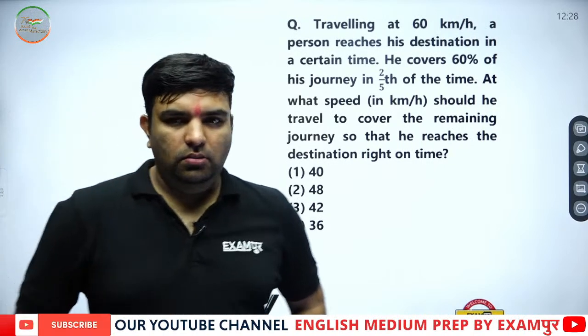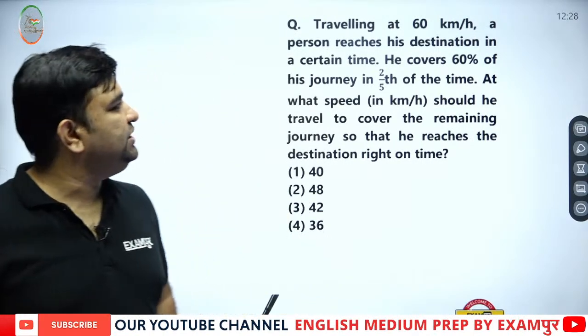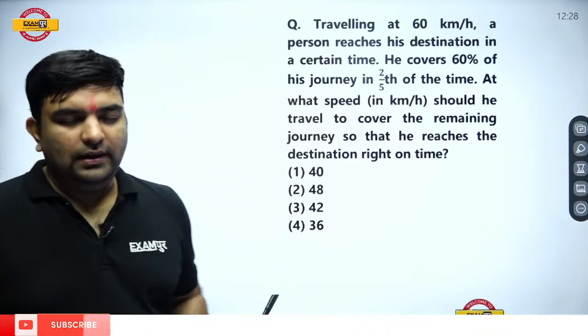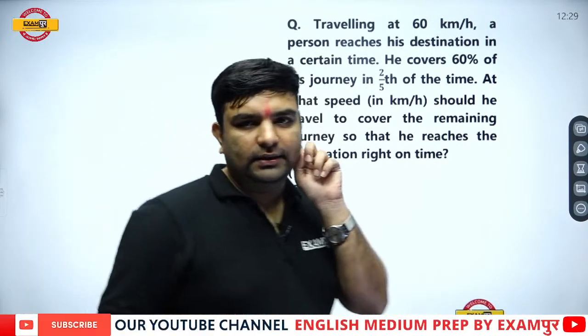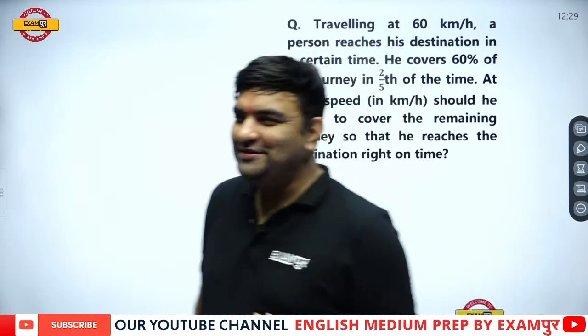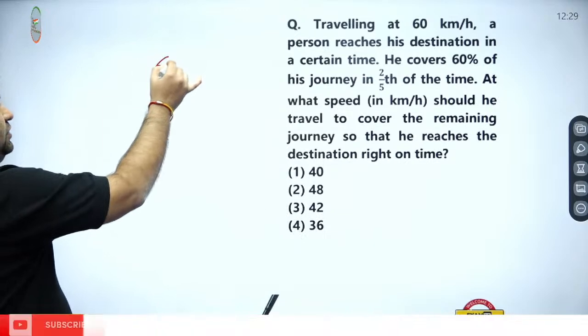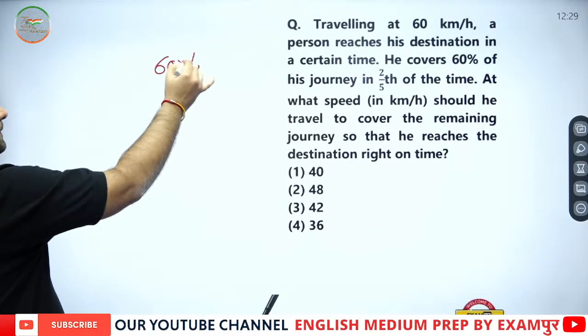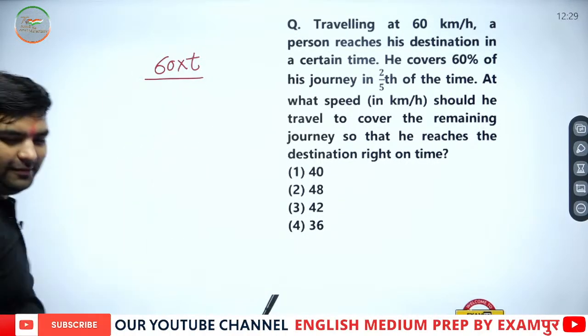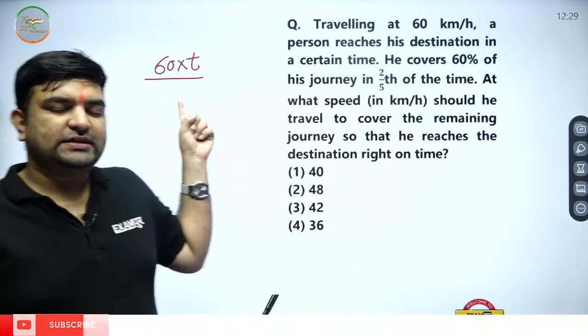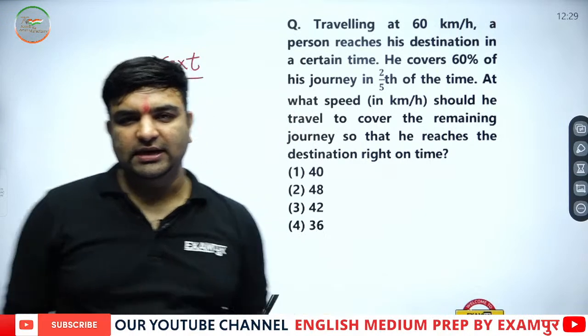Traveling with a speed of 60, a person reaches the destination in a certain time. Let the time be t. So can I say my distance, which can be covered with the speed of 60 in time t?